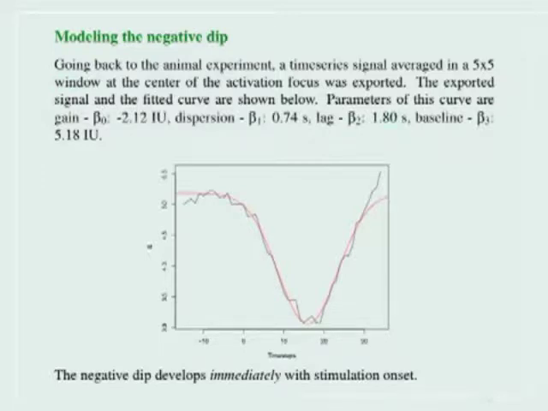And you can see when I'm modeling this signal here, which you can see under here, by a Gaussian function, it fits pretty well the negative dip over here. And what you can also see very much is that immediately when the visual stimulation begins, this negative dip develops over here until the overshoot phase catches in and takes over.